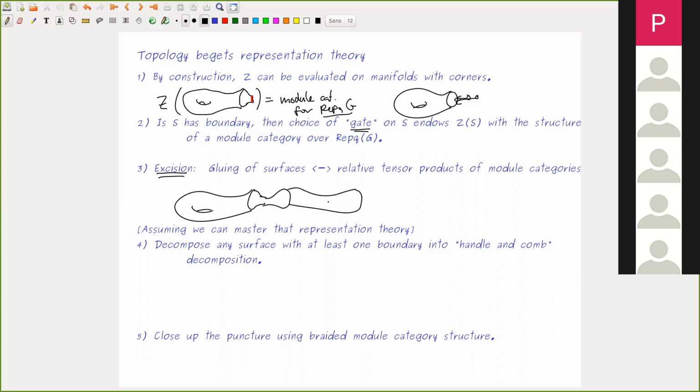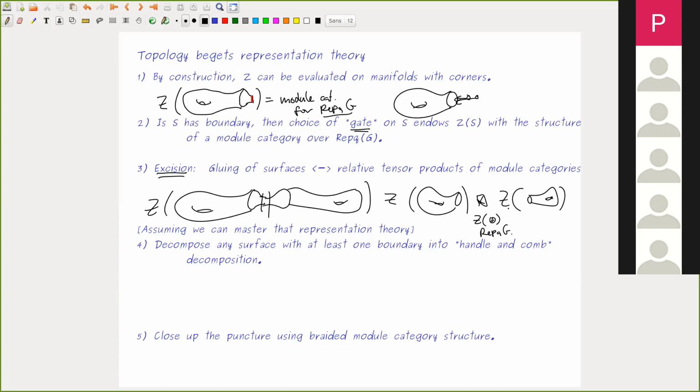So here's a genus 2 once punctured surface glued together across some little disk here, then this I can just write as Z of the one thing, tensor Z of the other thing, over Z of the disk, which is rep QG. Okay. So as long as I can perform these algebraic operations of taking relative tensor products, then I can compute on any surface at all.